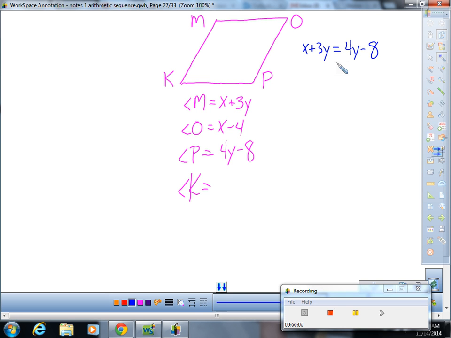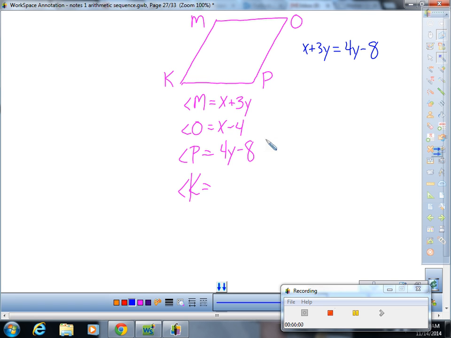Okay? And I also know that, which one would I do? It doesn't really matter. I've got to say that either these are supplementaries or that these are supplementaries. I'm trying to figure out which one would be easiest. I think I'll go with O and M because then I can solve for x and I don't have to do a system of equations. Does that make sense to everybody?